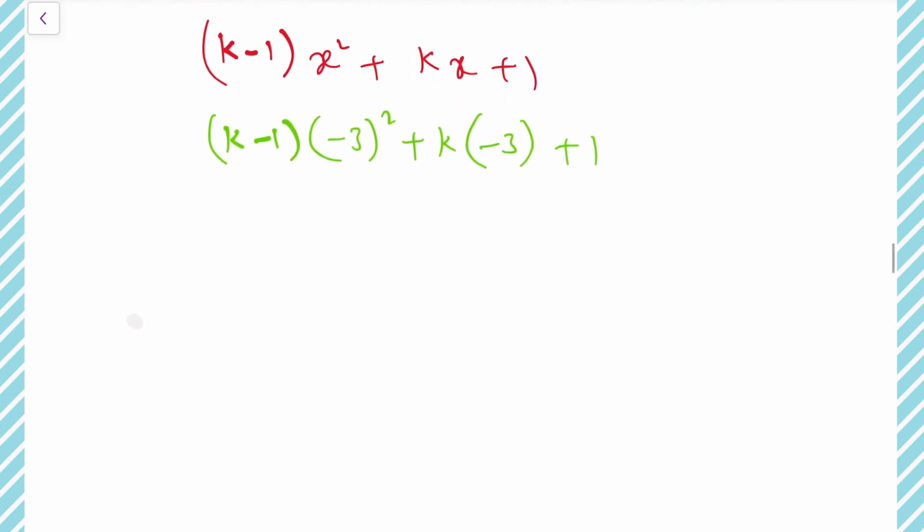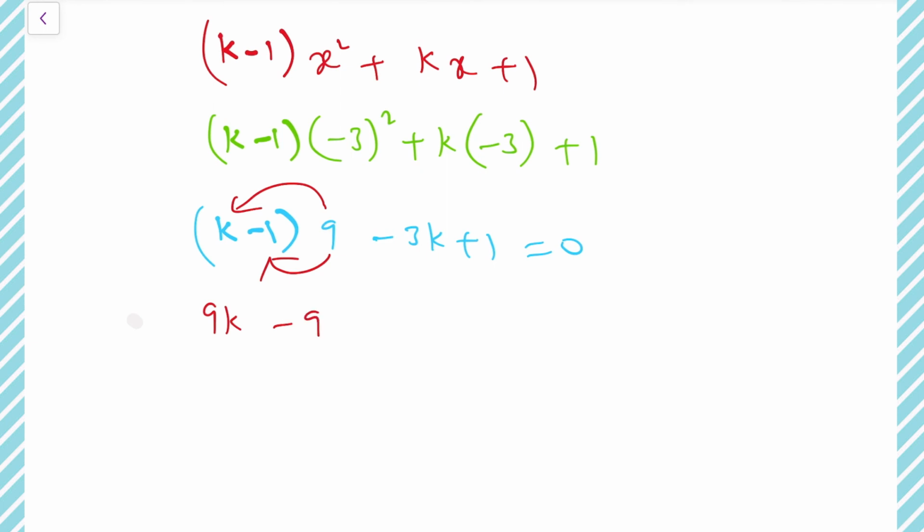Let us simplify this further. k minus 1 into minus 3 square, 9, plus k into minus 3, minus 3k, plus 1, make it equal to 0. 9 into k, 9k, minus 9 ones are 9, minus 3k, plus 1 equals 0.